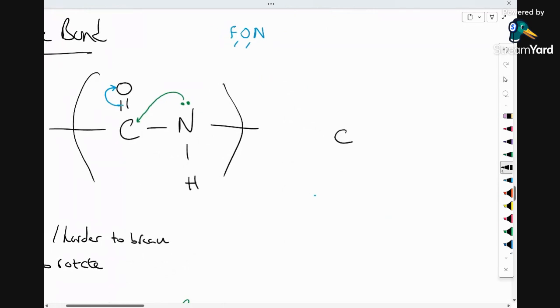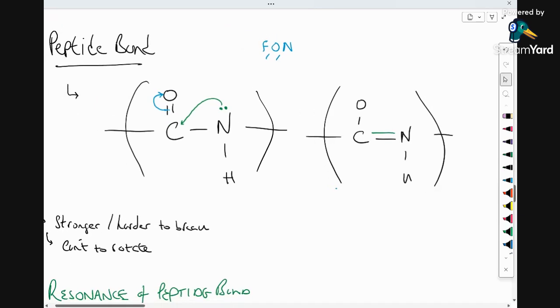where we have a carbon here with a single bond to oxygen. We've formed the additional green bond here to the nitrogen. So it's now a double bond to the nitrogen, and obviously both sides link on to the rest of the molecule. These structures exist in proteins, and they exist in an equilibrium with each other.